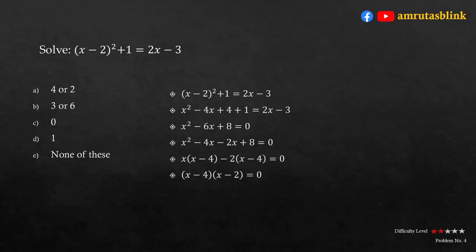Hence, x minus 4 into x minus 2 is equal to 0. Now, either x minus 4 is equal to 0, then x is equal to plus 4, or x minus 2 is equal to 0, then x is equal to 2. Hence, our answer option is A, which is 4 or 2. Let's move to problem number 5.